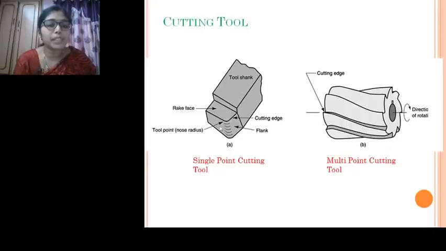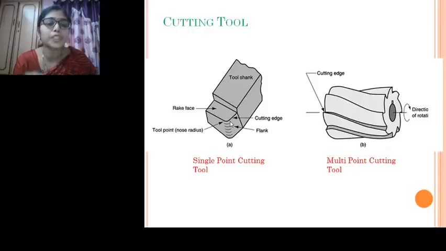Now, the nose radius: why do we provide this nose radius? Why are we not providing this part as a sharp corner edge? The reason for providing this nose radius, instead of a sharp or pointed corner, is to spread the stress developed during the process.